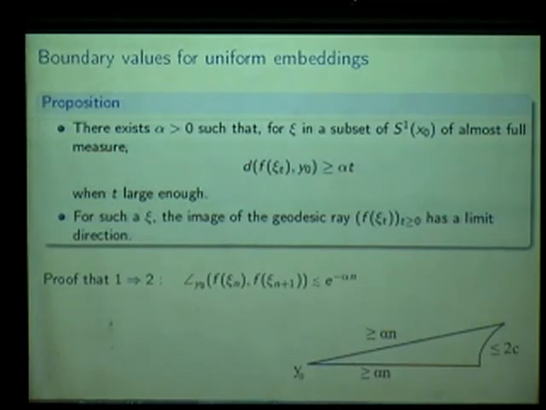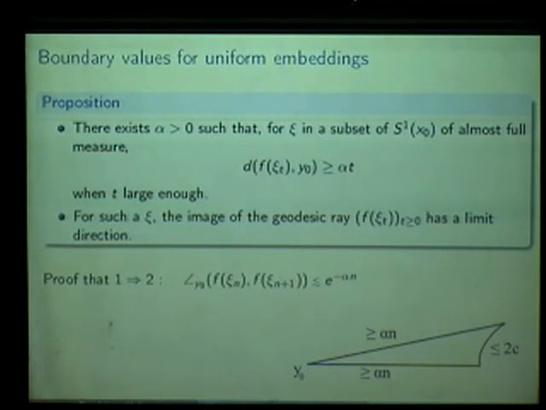The proof that the first statement implies the second is standard hyperbolic geometry, because you have the point y naught here, and the other 2 vertices of the triangle are the images f of psi n and f of psi n plus 1.